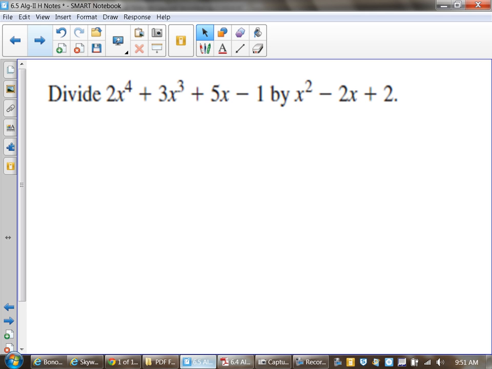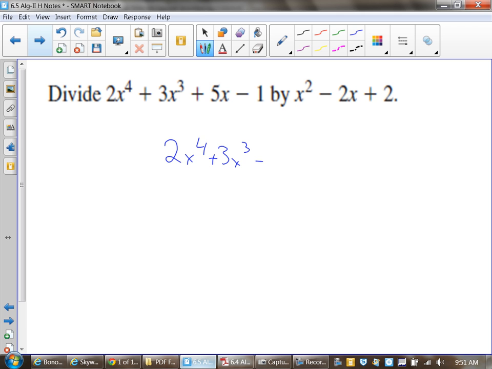So when we start the problem by writing out what's being divided, I have 2x to the fourth plus 3x cubed plus 0x squared plus 5x minus 1 divided by x squared minus 2x plus 2. Remember, the placeholder has to be there in order for this to work, just like synthetic division.